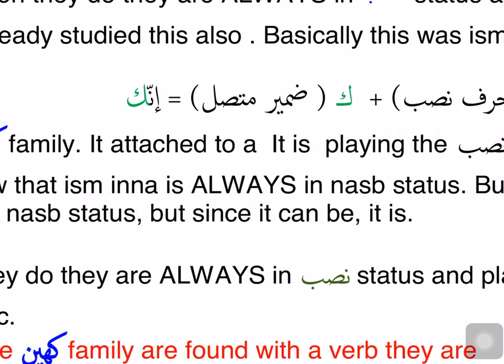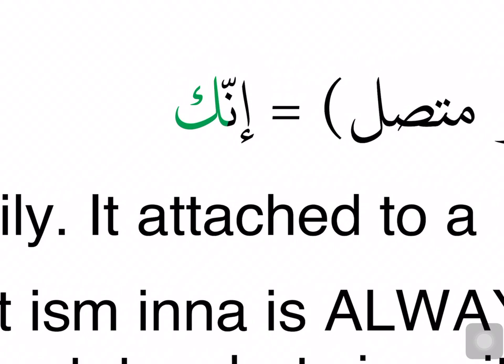So what will the status of your damir be? It will be in nasb status, because ism inna is always mansoob. So here in inna ka, the ka is in nasb status. If it was min ka, attached to a harf of jar, the ka would have been in jar status. If it was kitabuka, the ka attached to an ism, it would be in jar status because it would be mudaf ilayh.